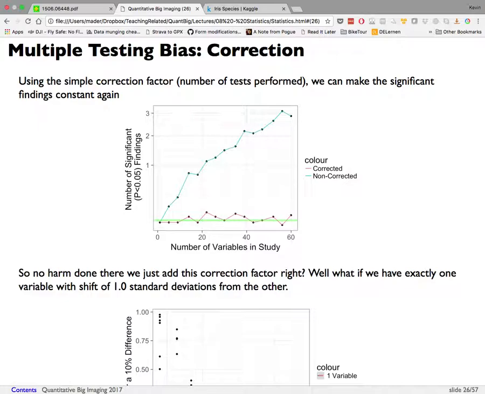Because each time you look at a new variable, you need to be correcting for the fact that you've already looked at 5, 10, 20, 100 different variables. Because if you don't correct for that, by the time you get to 60, you'll have already found 3 variables, even if none of them are interesting or actually different.